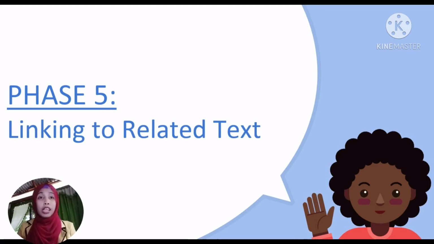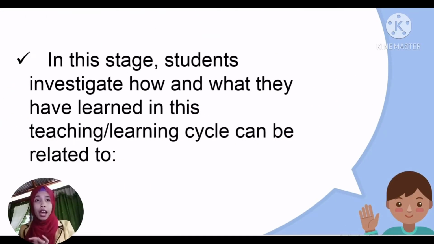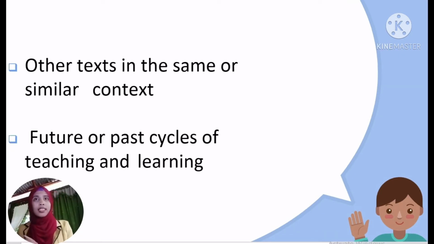So in this particular stage, phase 5, linking to related text, students investigate how what they have learned in this teaching or learning cycle can be related to other texts in the same or similar context, and another is relating it to future or past cycles of teaching and learning.